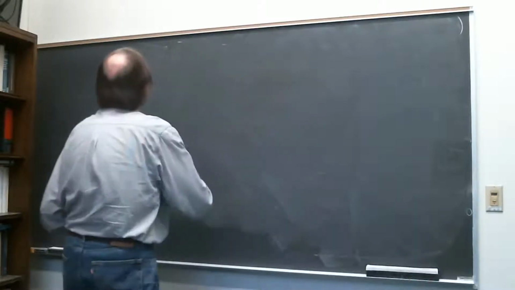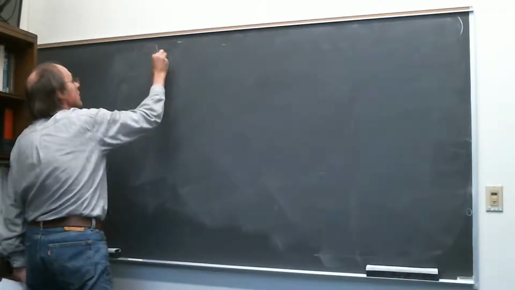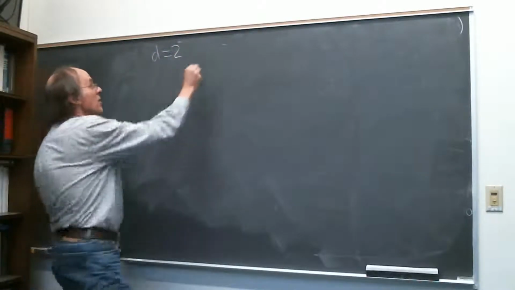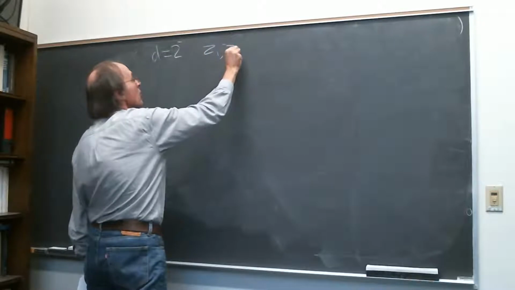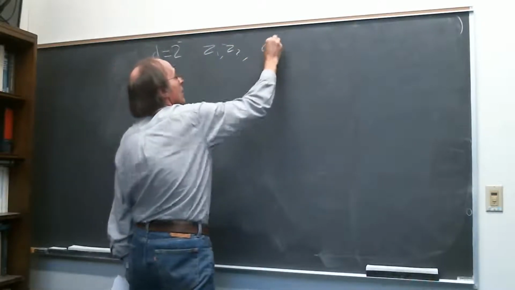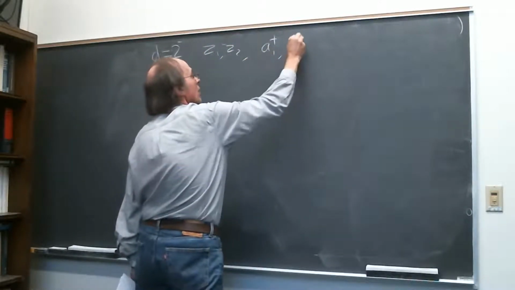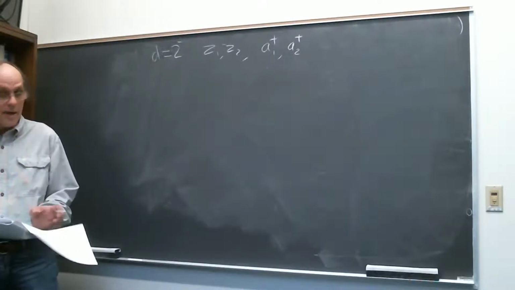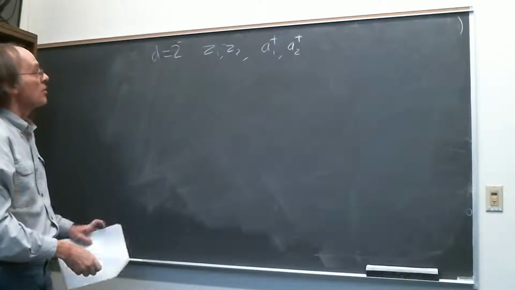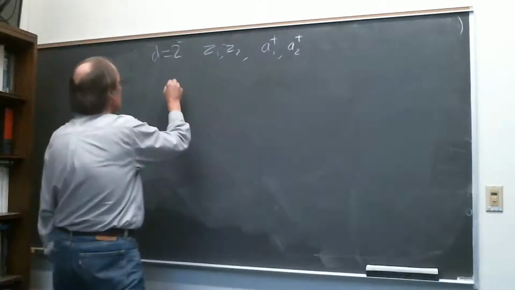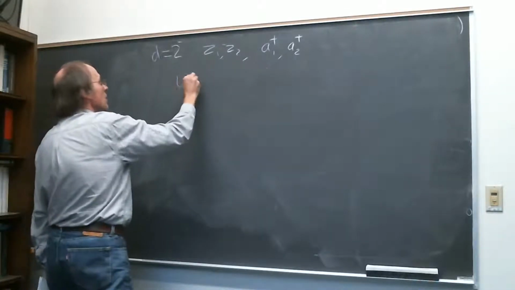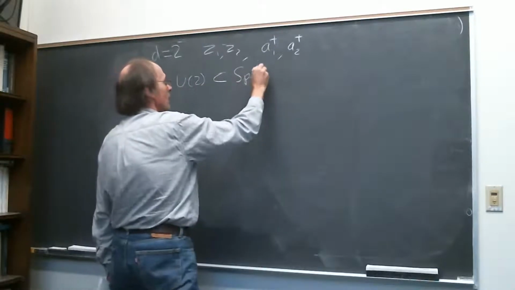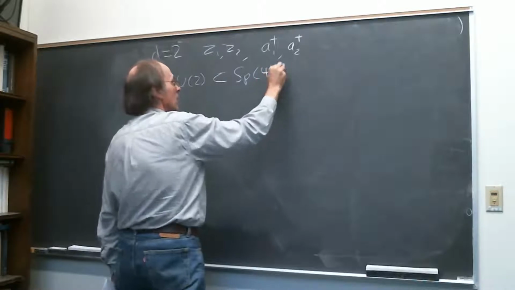So if you have two oscillators, this corresponds to that. You have coordinates z1, z2, or two creation operators. Now, what these are going to do is, overall you're going to have a U2 inside Sp4R.